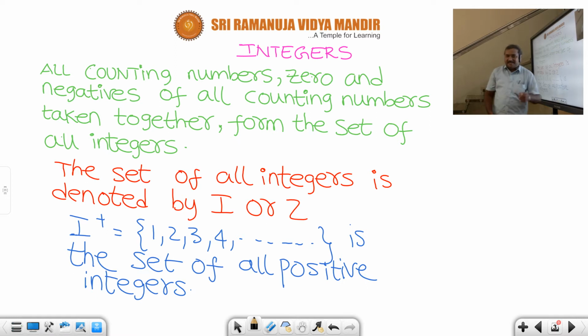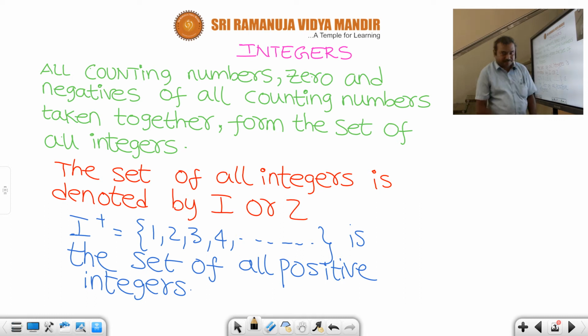Whole numbers start with 0, then 1, 2, 3 and so on. Whole numbers are represented by the set W. Now we will go for the set of integers, and the set of integers is represented by the letter I or Z.